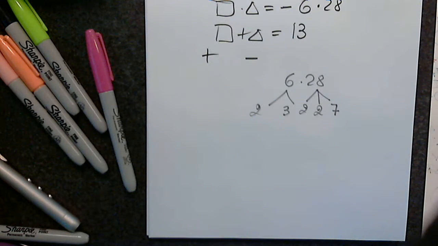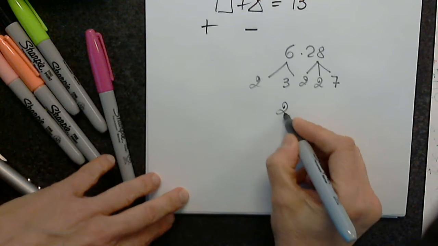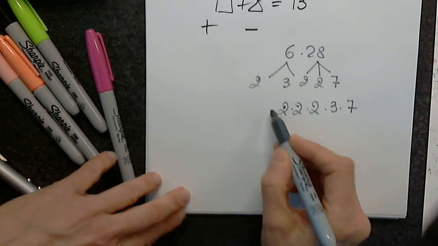Do you agree with 6 being 2 times 3? Do you agree with 28 being 2 times 2 is 4, 4 times 7 is 28? Okay. So then I'm looking at this number in prime factors in order. 2 times 2 times 2 times 3 times 7.